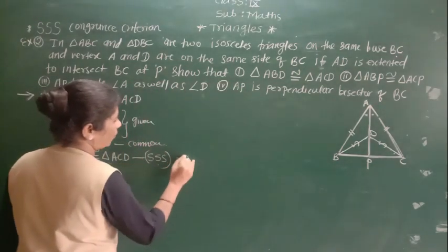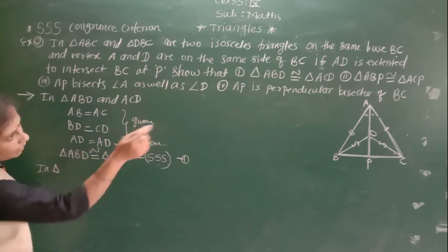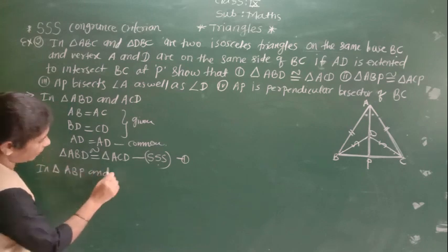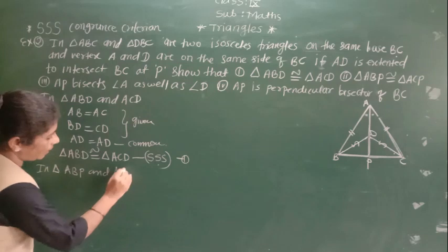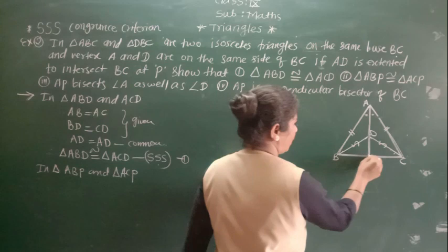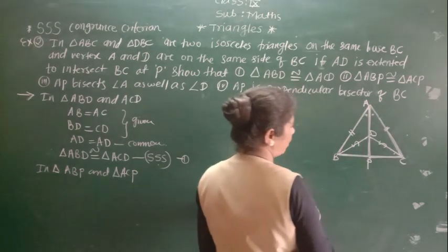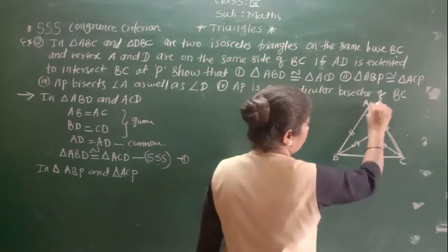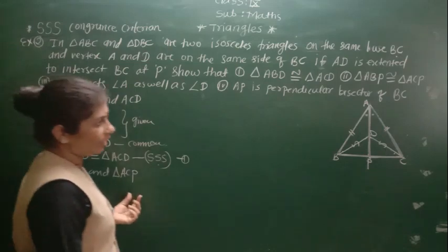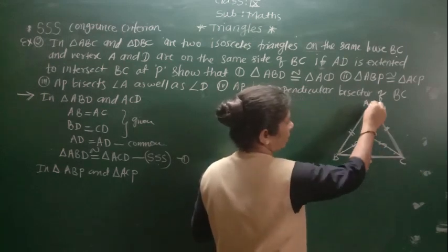This is the first that we have proved. Now second, we take triangle ABP and triangle ACP. What is given here?